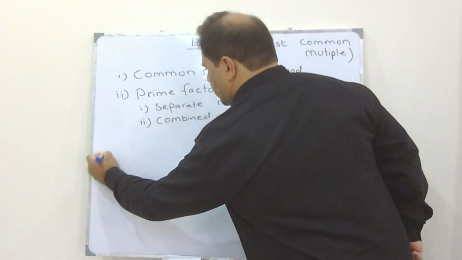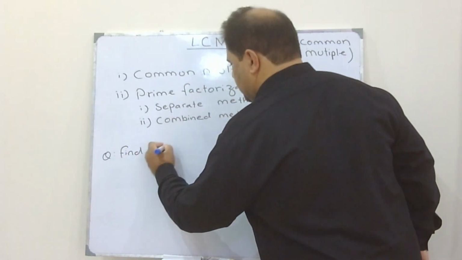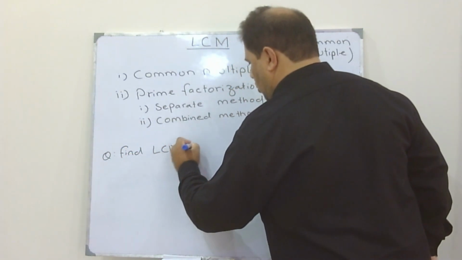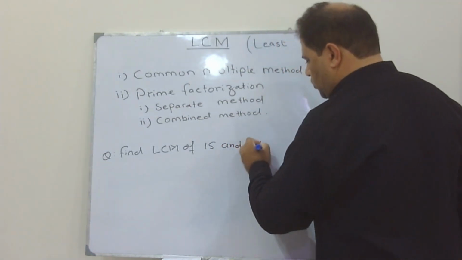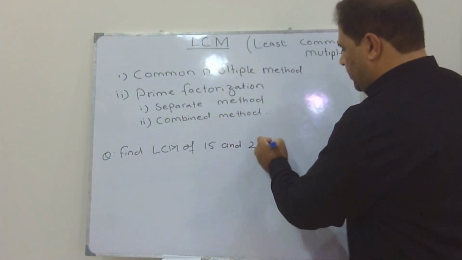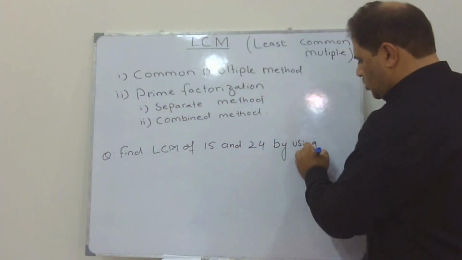For example, we have a question: find the LCM of 15 and 24 through the common multiple method.